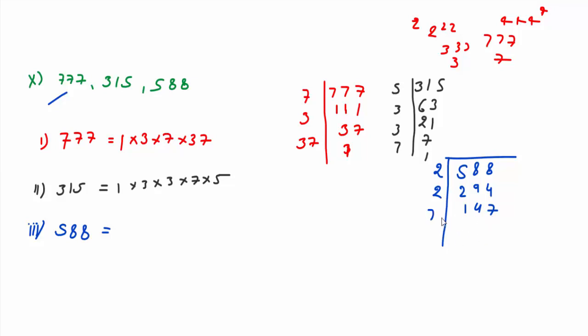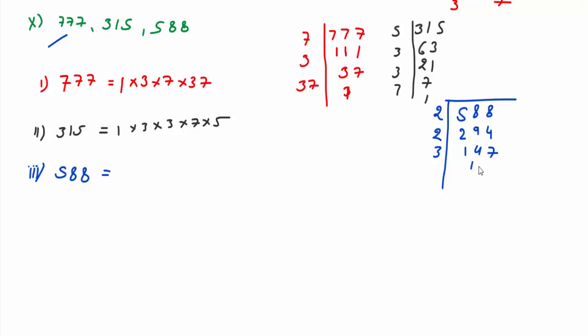And you can also divide it by 3. We start with the smaller one, 3. 3 4s are 12 and 3 9s are 27. Then 49 comes in the table of 7, 7 7s are 49. 7 is already a prime number, so it will come in its own table. So the factors will become 1 multiply by 2 multiply by 2 multiply by 3 multiply by 7 multiply by 7.